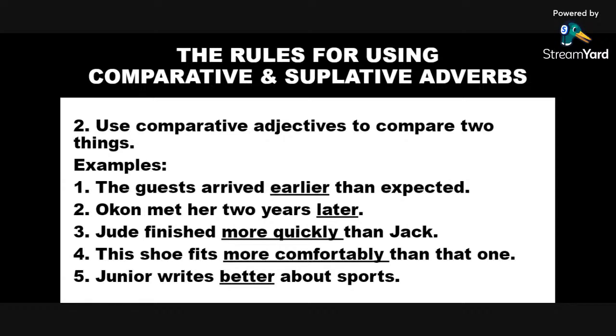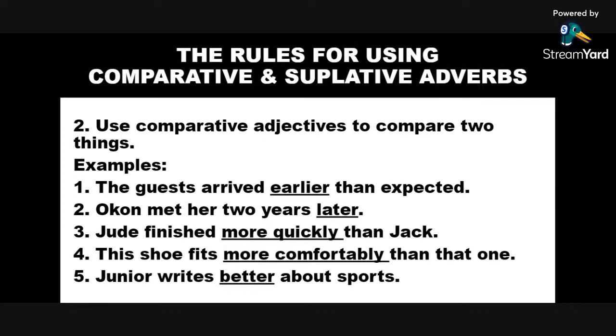So we always use the comparative to compare 2 things, and sometimes one of the things we are comparing may be implied, may not be explicitly stated, but it is implied.